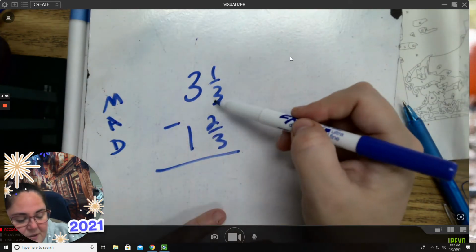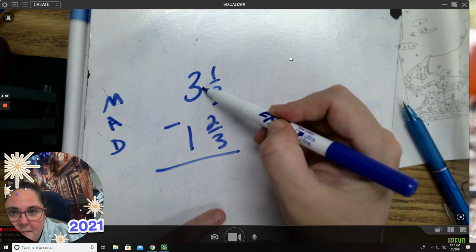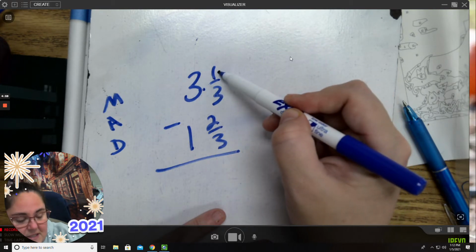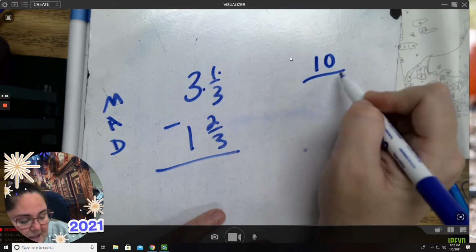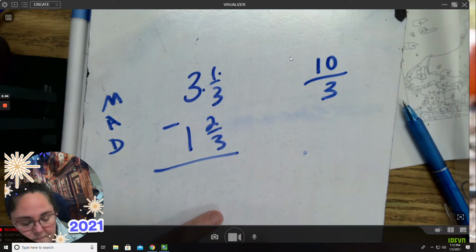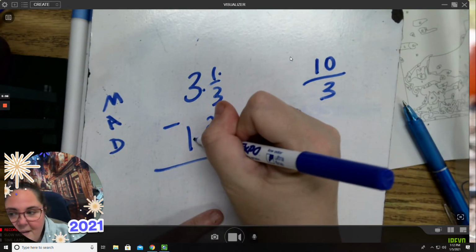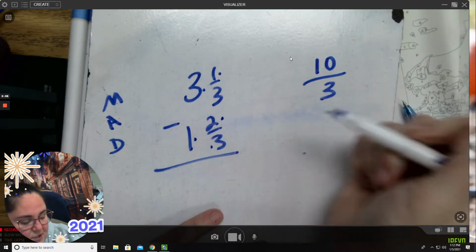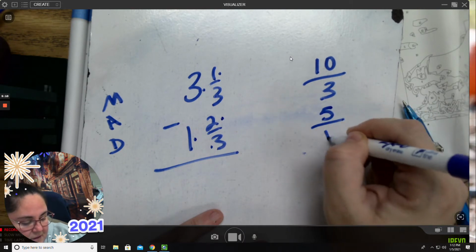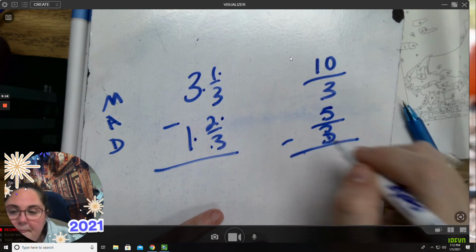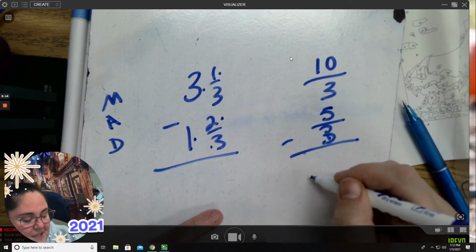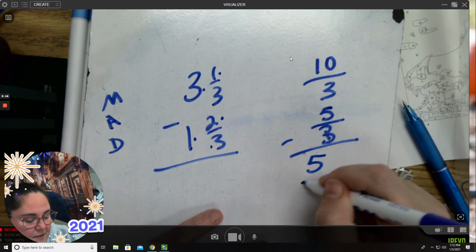Multiply. 3 times 3, 9. Plus 1 is 10, denominator stays the same. 1 times 3, 3, plus 2, 5, denominator stays the same. So 10 thirds minus 5 thirds equals 5 thirds.